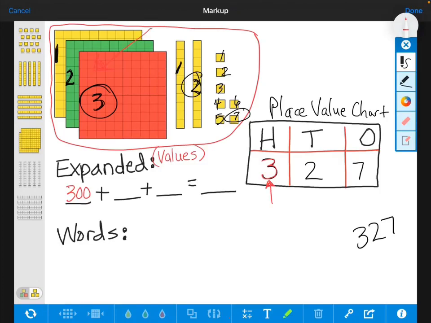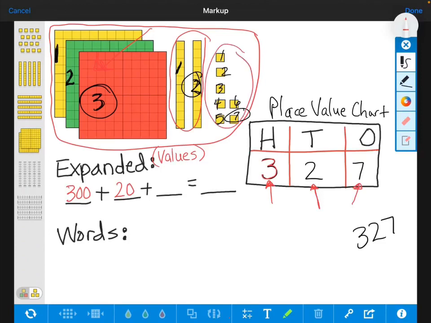Now let's take a look at the tens. All right, I see a digit 2 there, but that is not the value. The value is the total of those 2 tens. And so 2 tens is a value of 20. And I can put my 20 there. So far I have 300 plus 20. And now I have my last value to talk about, and that is how many ones I have.